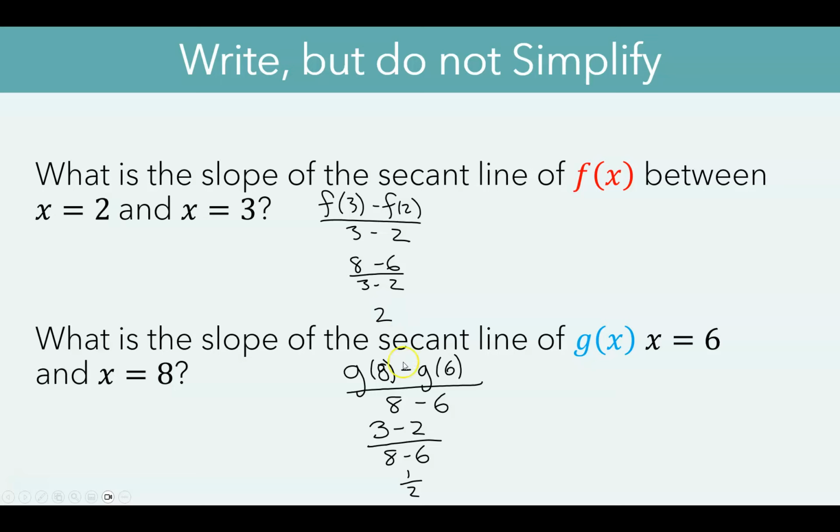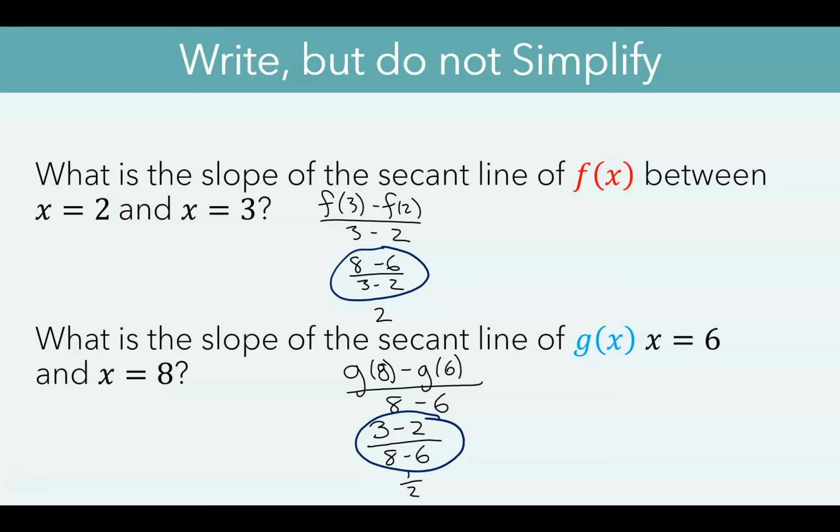So what we see is the slope between 2 points, as long as those are the same corresponding points. Since we're changing x's and y's, maybe we want to look right here in the middle, this is the best place to see it. In f, 8 minus 6 is the change in y, and in g, 8 minus 6 is the change in x.